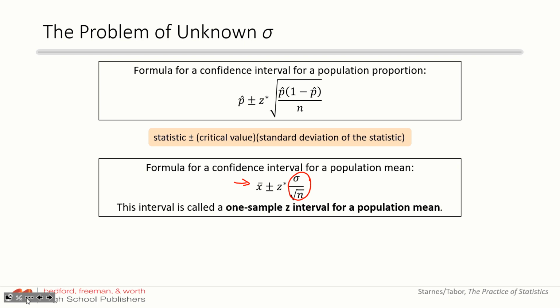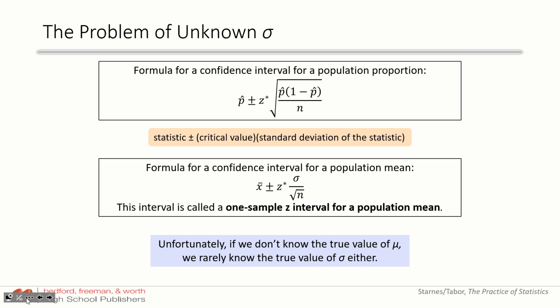Well, the standard deviation of the statistic is sigma over root n, the standard deviation of the population over root n. But here's the problem. If I don't know what mu is, the population mean, am I going to know what the population standard deviation is? Probably not.